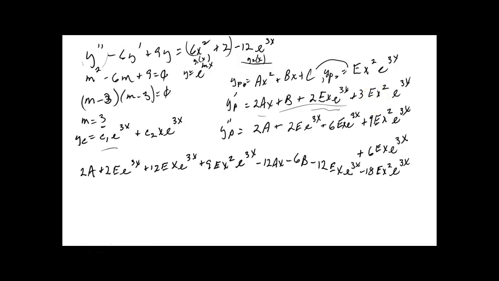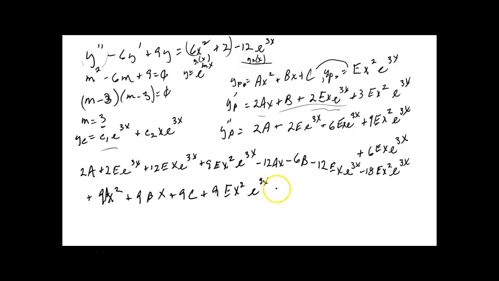We've still got the y, and that's going to be plus 9 times x squared plus 9, that's 9ax squared, 9bx plus 9c plus 9e x squared e to the 3x.